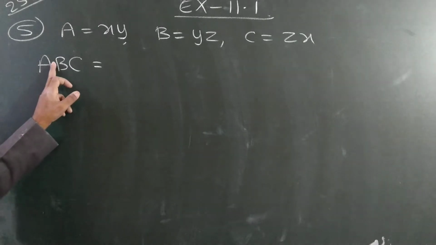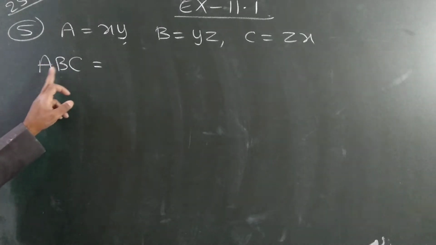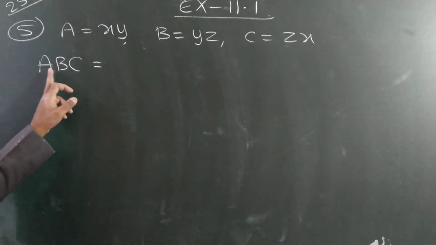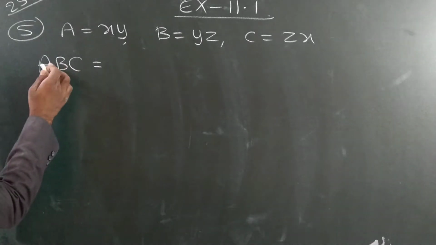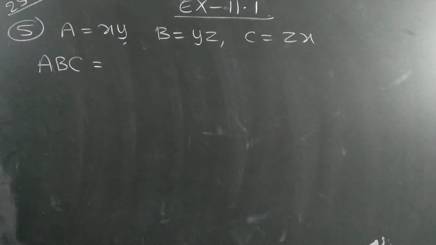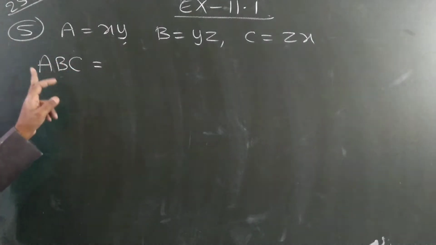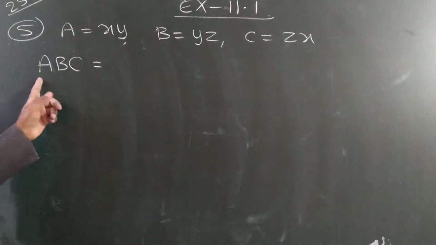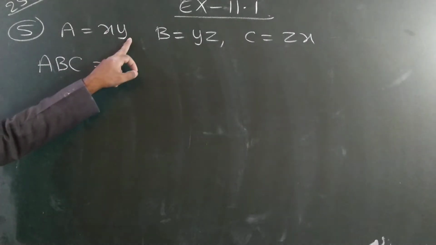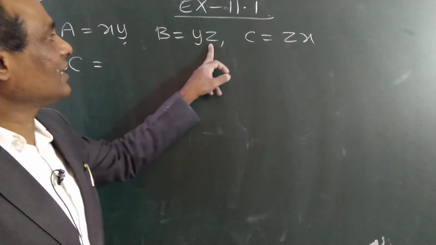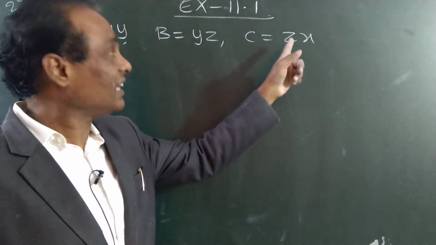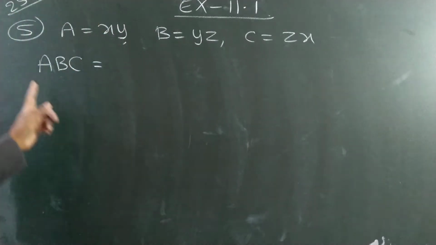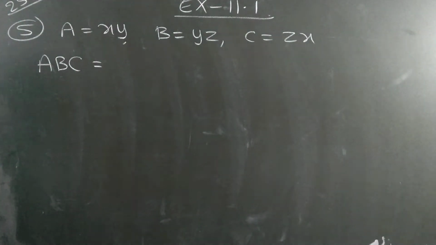If there is nothing in between the variables, when two unknown values are there, and in between there is no symbol, it is multiplication only. So ABC means A into B into C. XY means X into Y, Y into Z, Z into X. We have to consider into. That is multiplication.